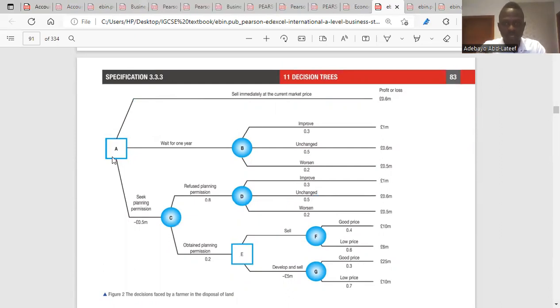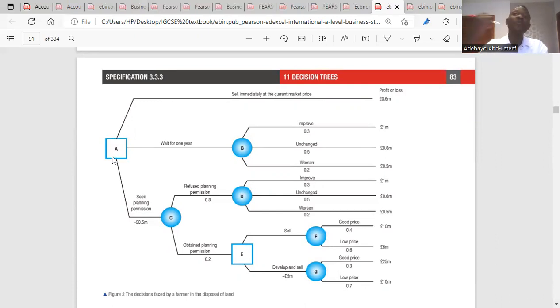Sell immediately at the current price of 0.6 million. This is a farmer. What this decision tree is talking about is that if the farmer needs to sell his land immediately, he's going to earn 0.6 million, that's 600,000 pounds.